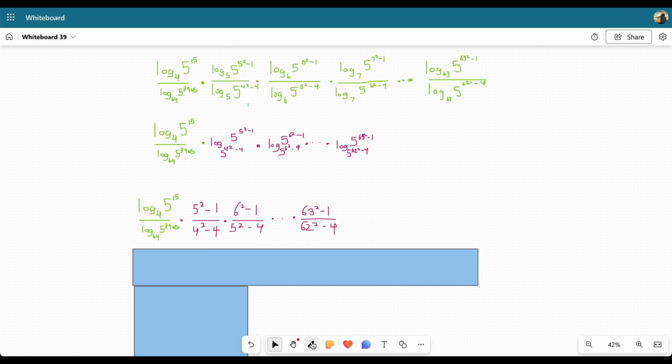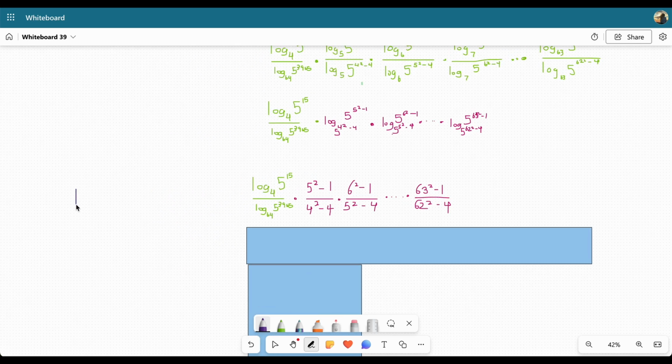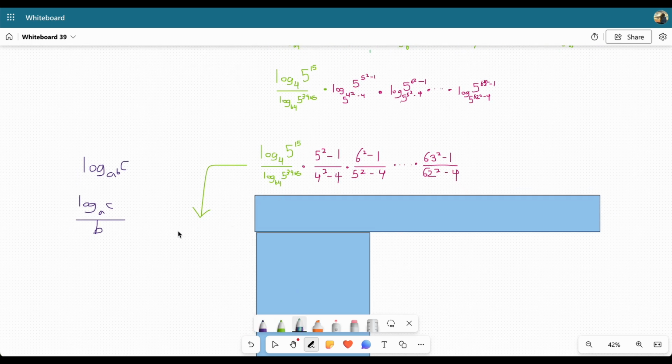The first part actually has a really nice way you can calculate it. The way you would do this is you would use the fact that if you have log_{A^B} of C, this is equal to log_A C over B. And essentially, what you can do now is recall that 64 is 4 to the third power, right?